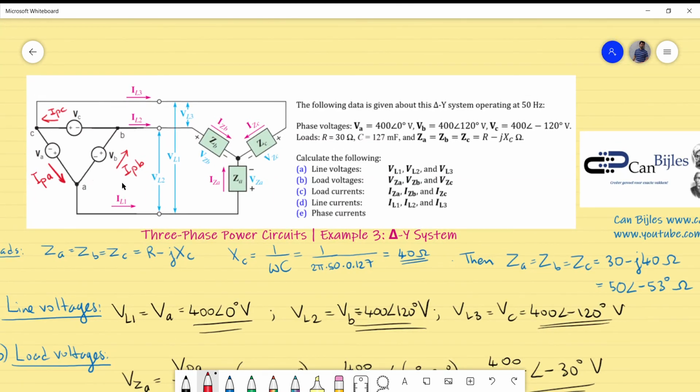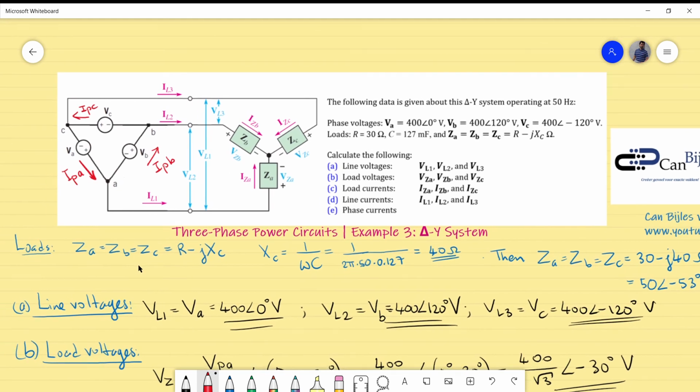If these are indeed the phase currents I've calculated in the last part of this analysis, then the IL1, which is a line current, must be equal to IP of A minus IP of B, just Kirchhoff's current law at the point A.